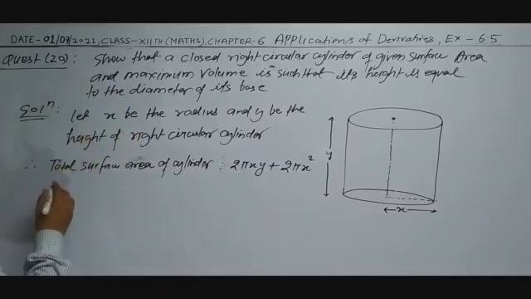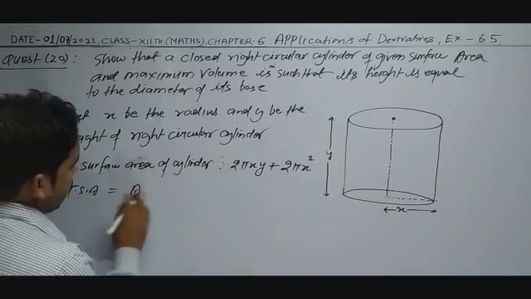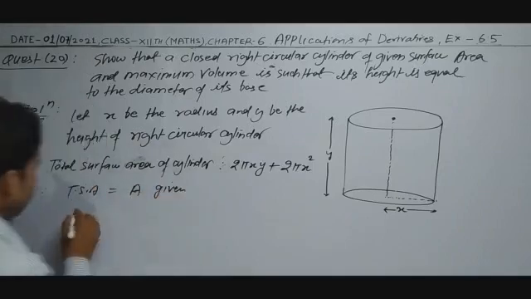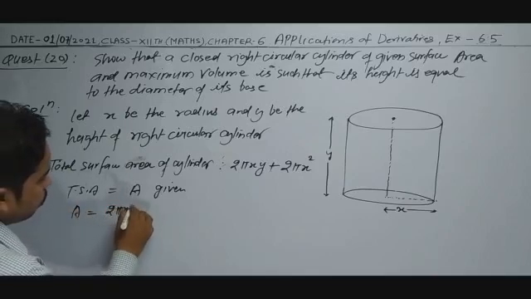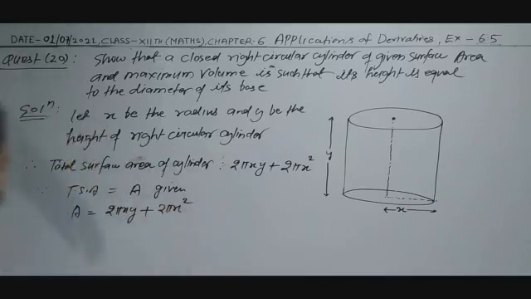So the surface area is given, since TSA is equal to, suppose, A, that is given. So A will be equal to 2 pi x y plus 2 pi x square. Now you can calculate the value of y in terms of A and x.